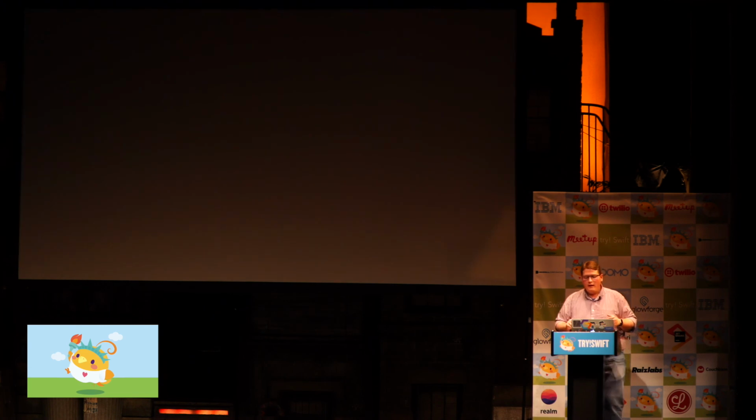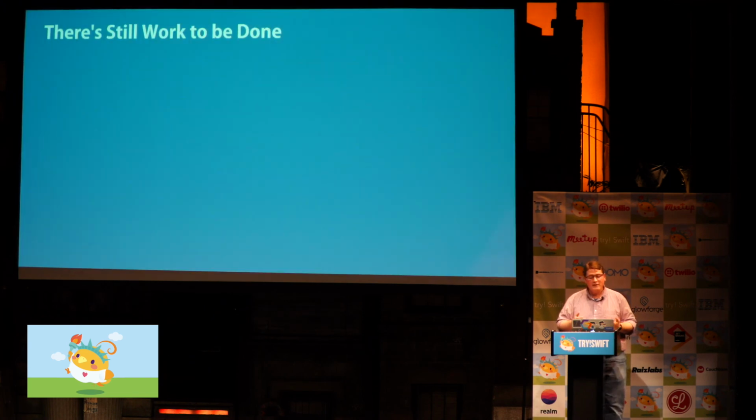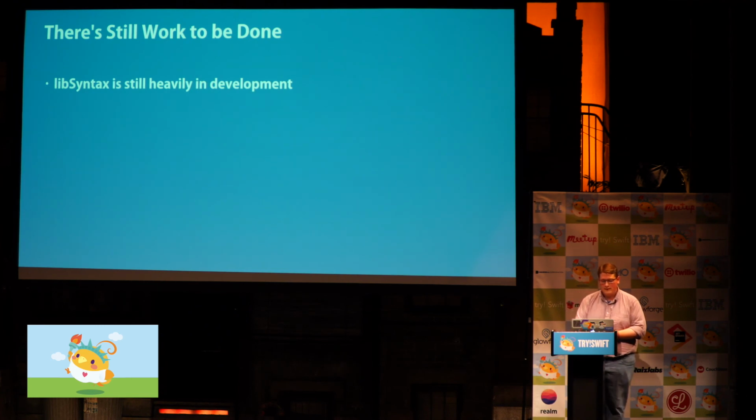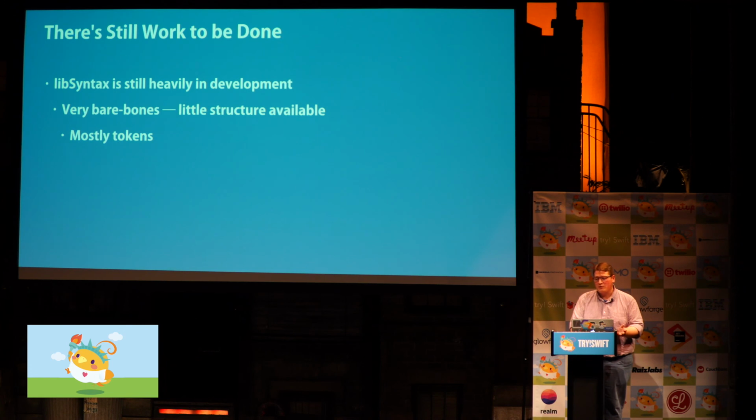Now, sorry about that. I would be remiss if I didn't explain that libSyntax is still heavily in development. The syntax trees that you get back from libSyntax are going to be very bare bones. They don't include all the structure. Mostly, they provide access to tokens with trivia, which is why all those formatting passes only really needed to deal with tokens. If that's all you need for your formatting right now, then you're good to start using libSyntax.